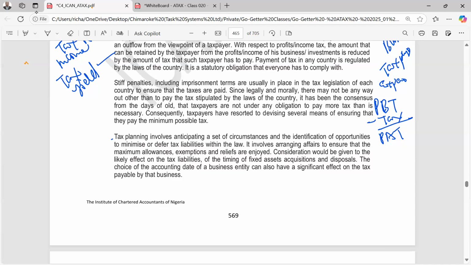So one, it involves arranging of affairs to ensure that maximum allowance is obtained. Maximum exemptions are obtained. Maximum reliefs are enjoyed.